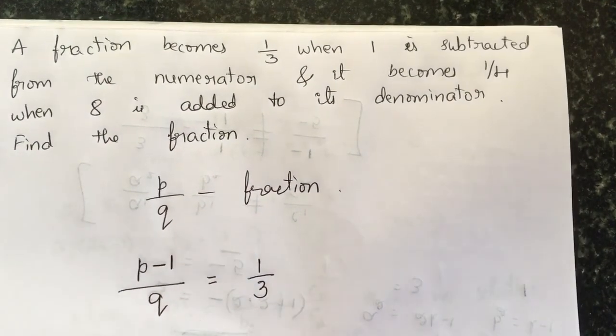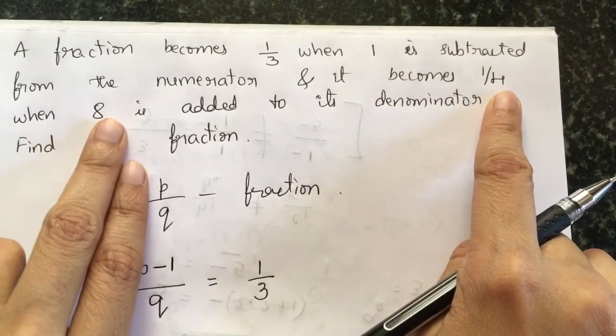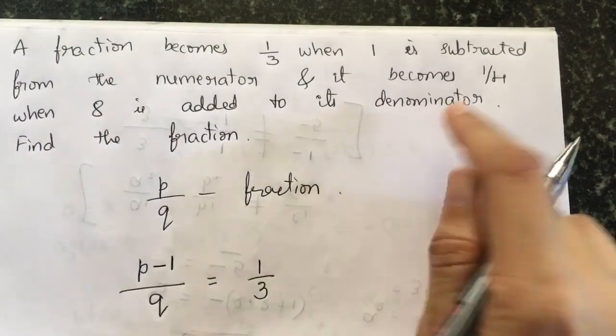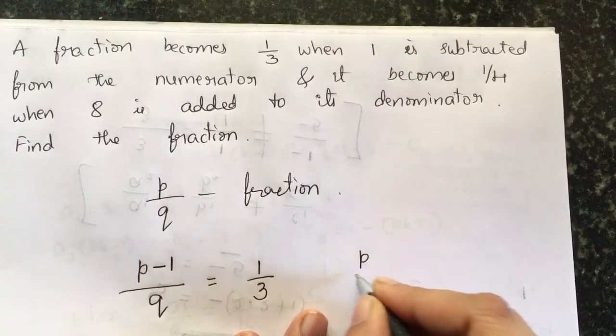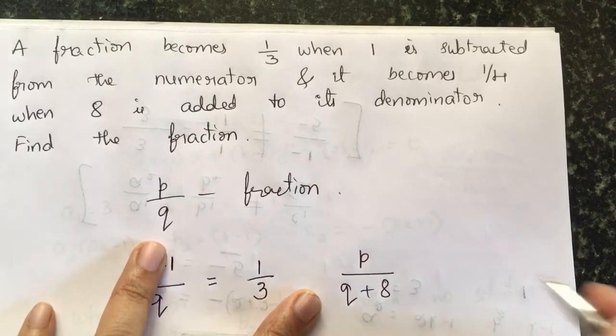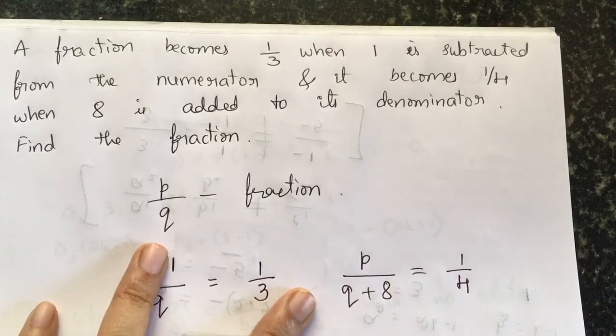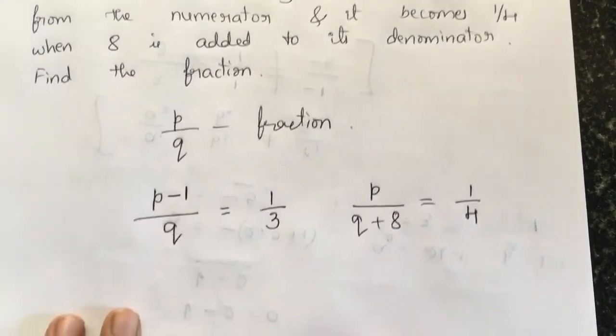And then the second statement says it becomes 1 by 4 when 8 is added to its denominator. Numerator is as it is, 8 is added to its denominator. The fraction becomes 1 by 4. Then you find the fraction.